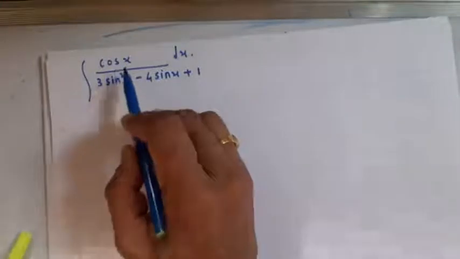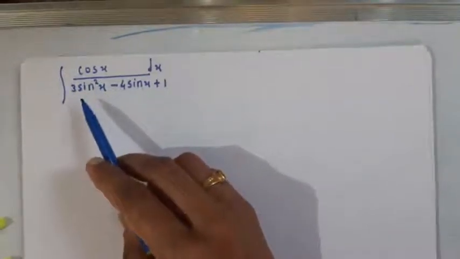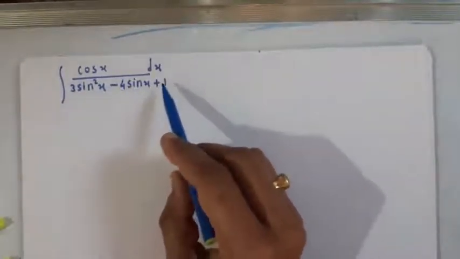Okay students, so also to solve this problem, the problem is this: cos x upon 3 sin square x minus 4 sin x plus 1.